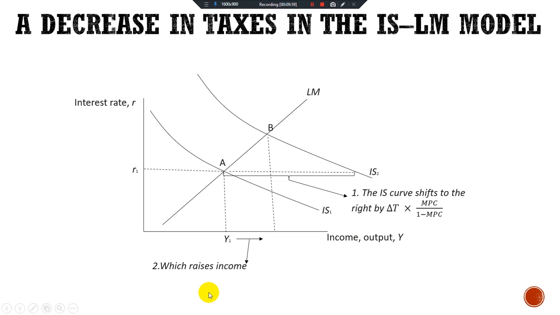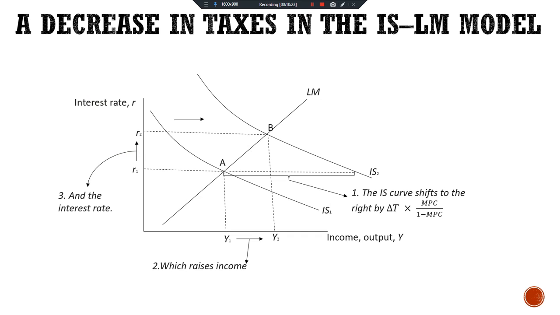Our equilibrium income rises from Y1 to Y2, and we have a new equilibrium at point B. At point B we have a higher interest rate. We have a rise in the interest rate. That new interest rate is R2.